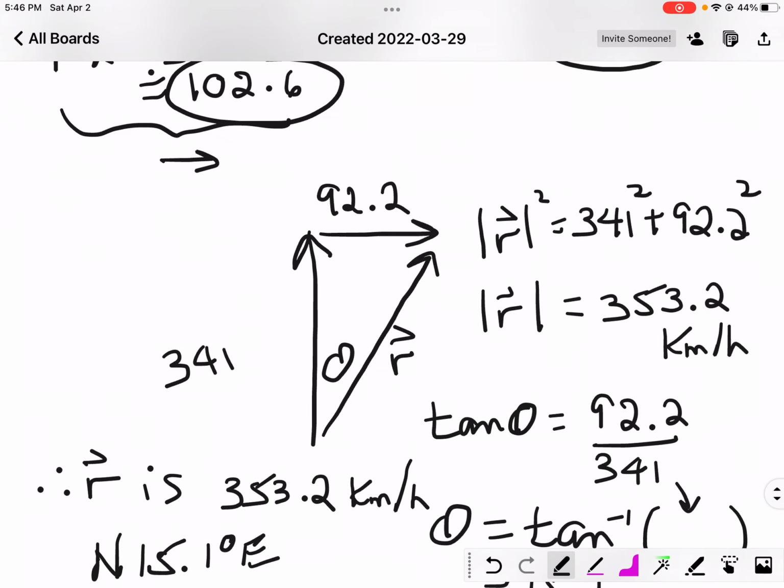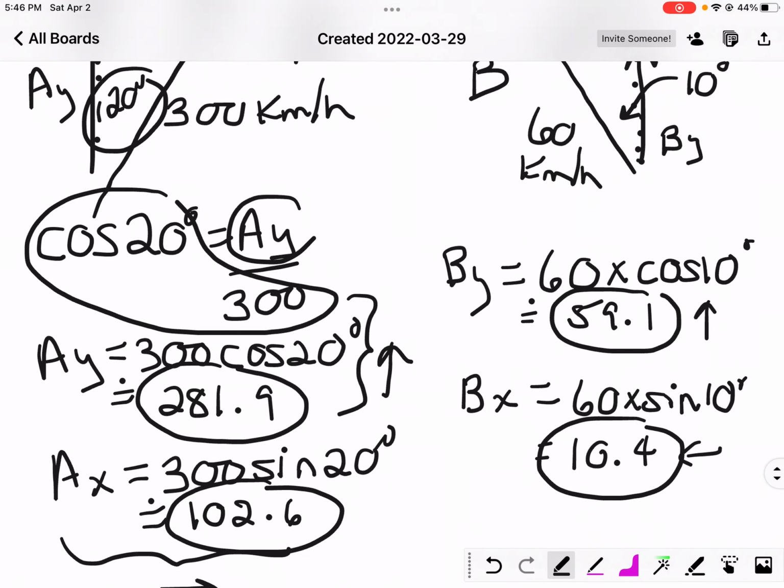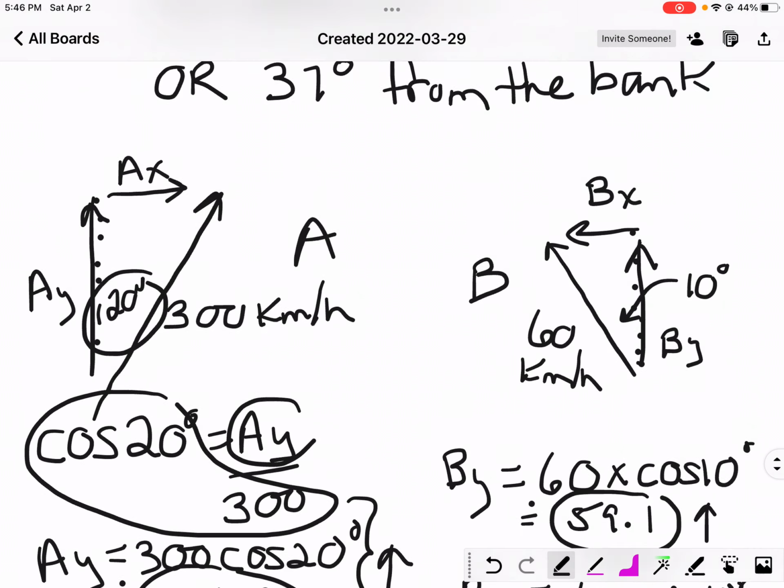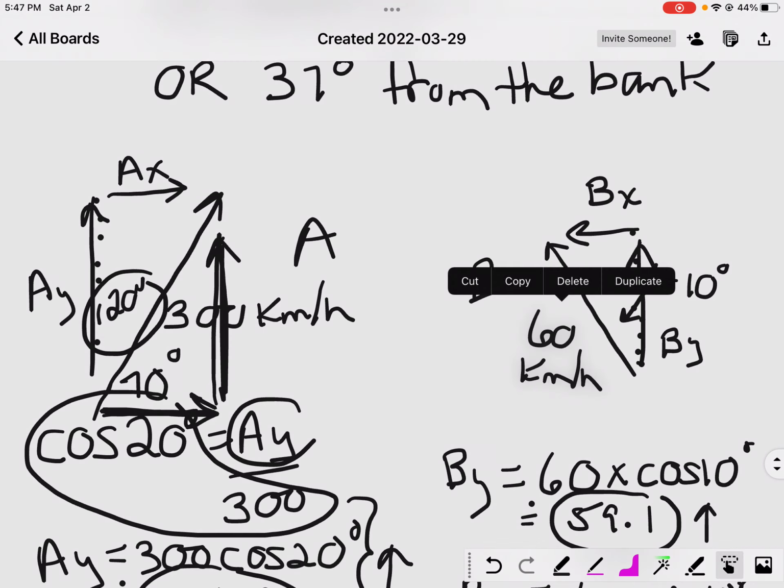Going back up to the very top here, if you wanted to, this is getting cluttered, but I could have done this and this and used 70 degrees instead. In the same way, I'm going to erase this.